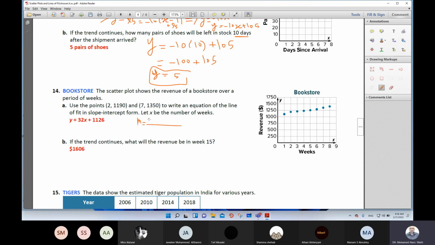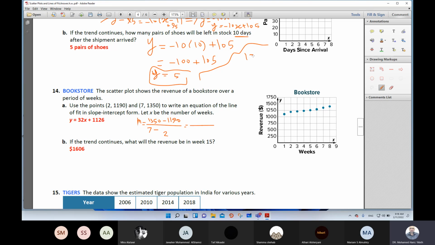So y2 means we have 1350 minus 1190, y1, over x2 will be 7 minus x1 will be 2. Now we can subtract here.